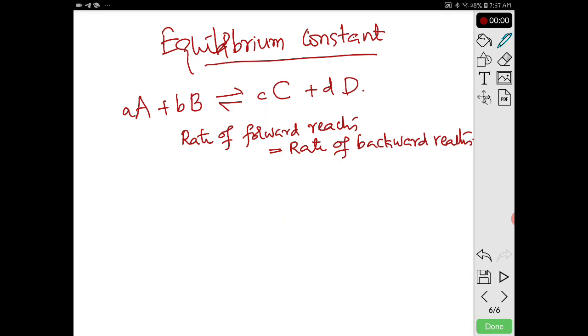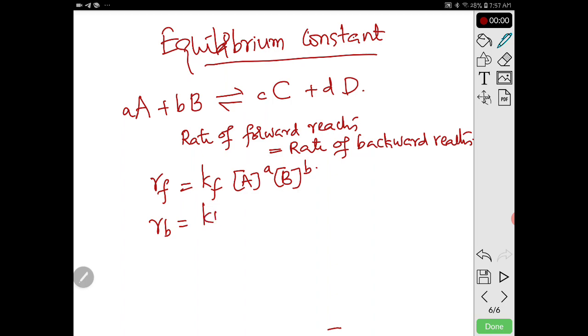So we can write down the law of mass action expression for the rate of forward reaction as well as the rate of backward reaction. Rf is equal to Kf into molar concentration of A raised to a into molar concentration of B raised to b, and Rb, the backward reaction, is equal to Kb into molar concentration of C raised to c into molar concentration of D raised to d.